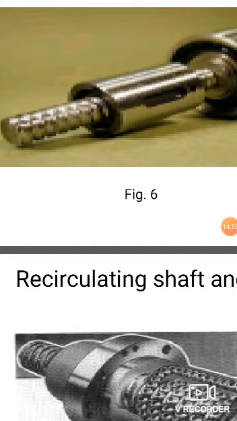Next, preloading. Next, the recirculating shaft and nut. We have also studied the recirculating ball and nut. What is a recirculating ball and nut? Here, according to the thread, it will rotate and tighten the nut.